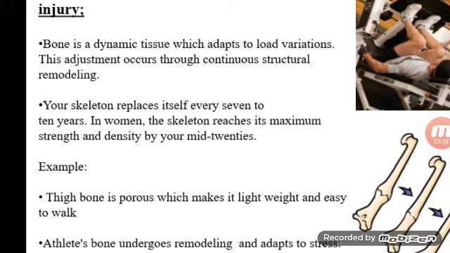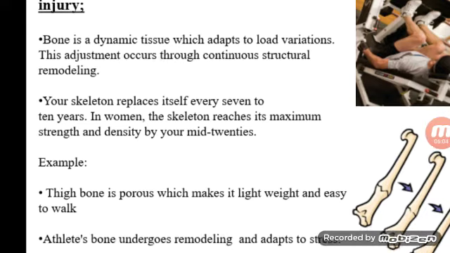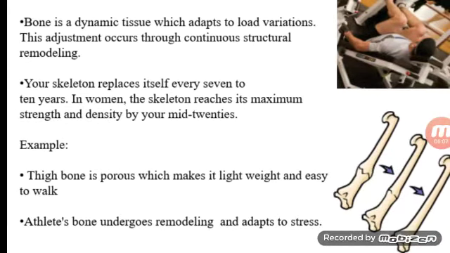Second important point, your skeleton replaces itself every 7 to 10 years. In women, the skeleton reaches its maximum strength and density by the mid-20s. An example of this dynamic role of the bone is the thigh bone.